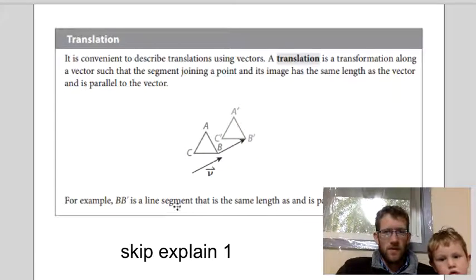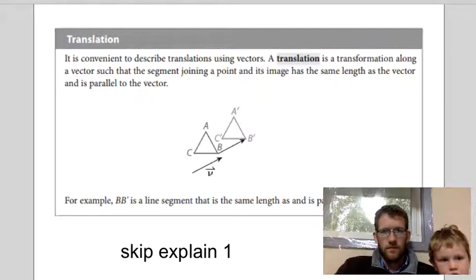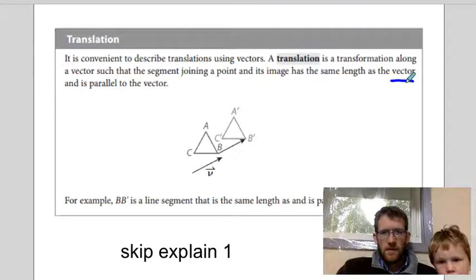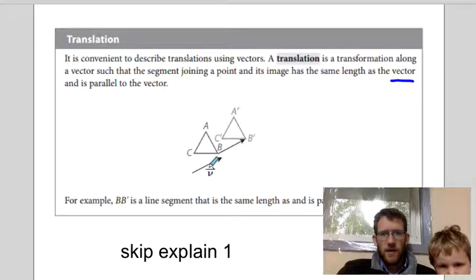One term that may be new to some of you is a vector. It talks about vectors right here. Vectors are usually drawn like a ray, but we don't have points necessarily drawn on them.